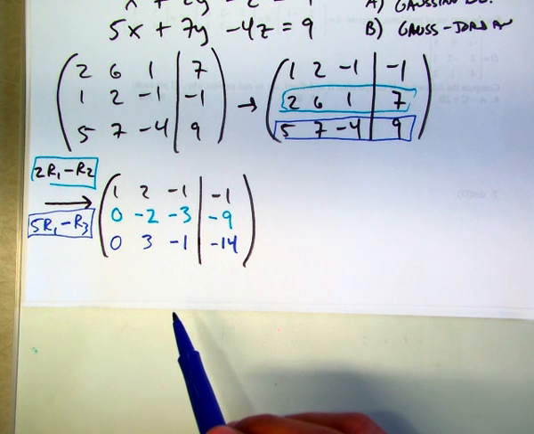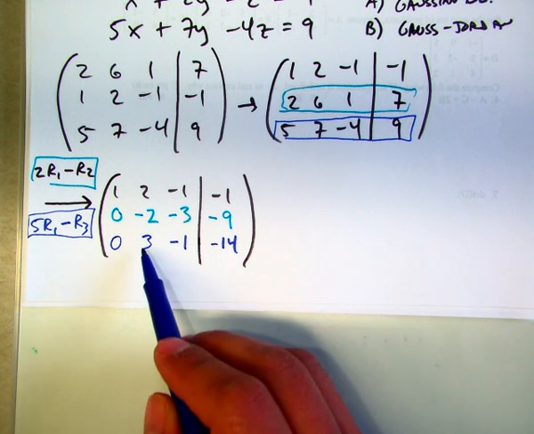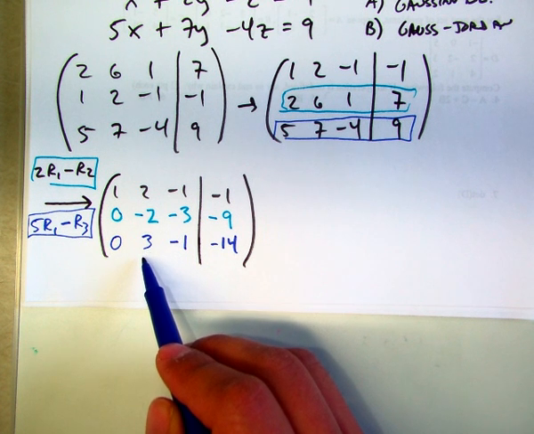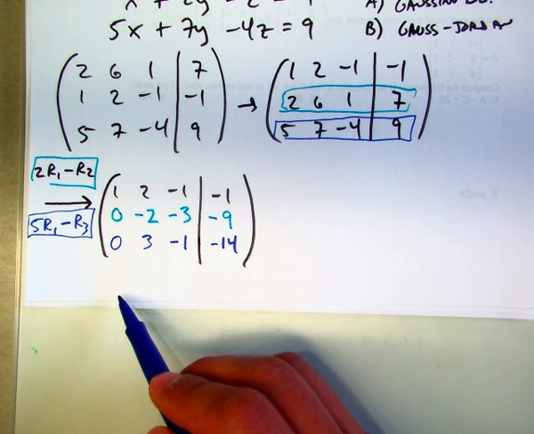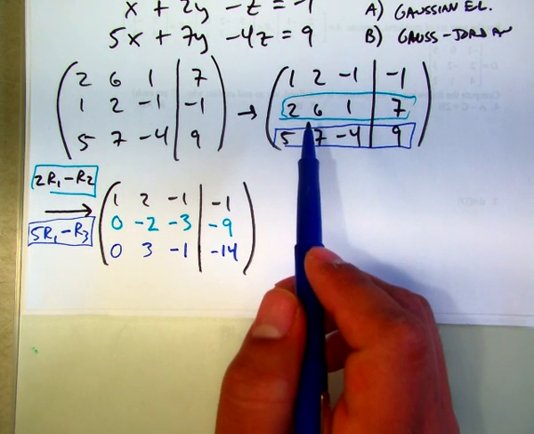Okay, what else do I need to get? This 3 we need to make a 0. Oh, yes? How do we know which equations are best to use?